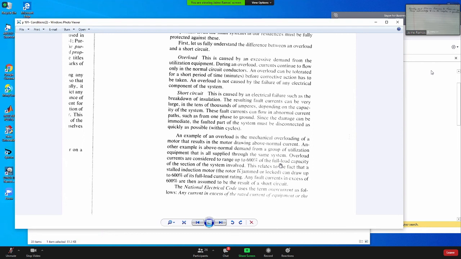Okay, so if you have an equipment that is rated 30 amps, so 600% means 6 times 30 amps, which is 180 amps. So an overload occurs when the system is being fed with 180 amps. Then here is the definition of overcurrent. According to the NEC, any current in excess of the rated current.